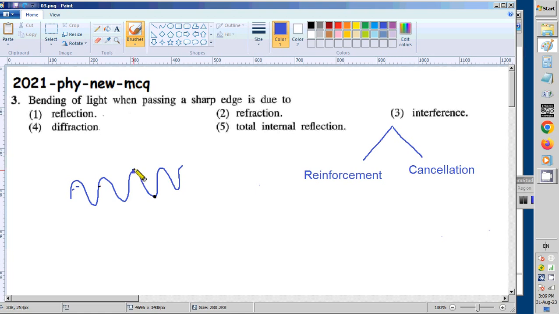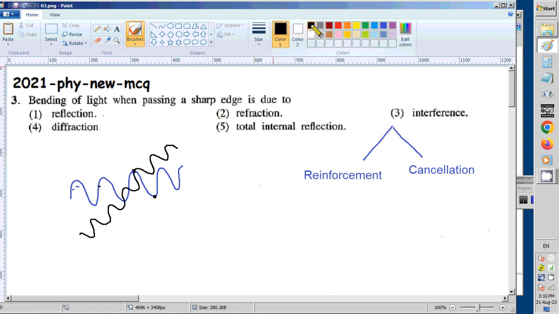Now imagine another wave comes from this direction and overlaps on this point, so that crest to crest overlap. The crest of this blue wave and the crest of this black wave overlap each other.